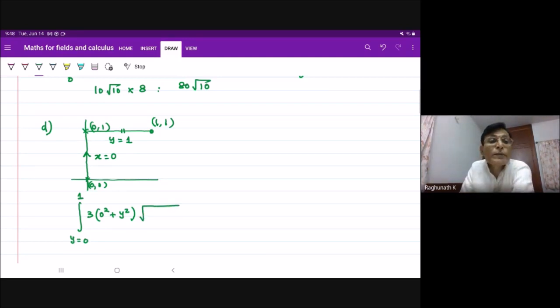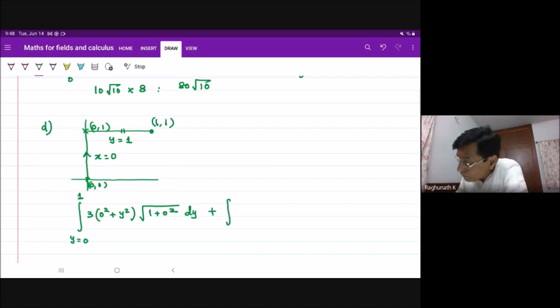X is equal to 0, dx by dy is what? 0. 1 plus 0 squared dy, plus the x limits. X is equal to 0 to 1.